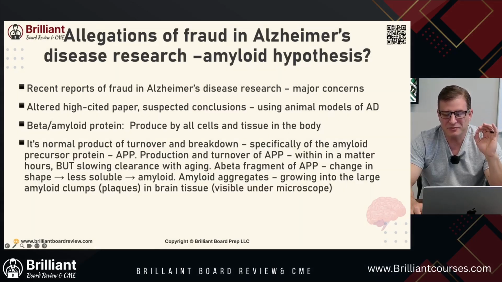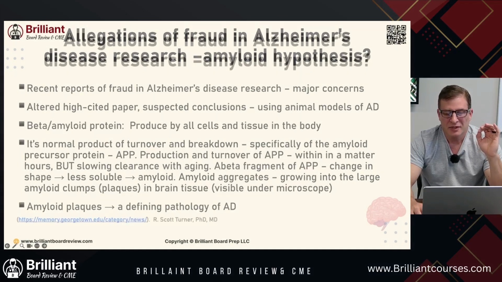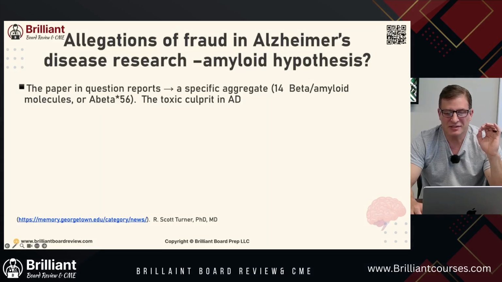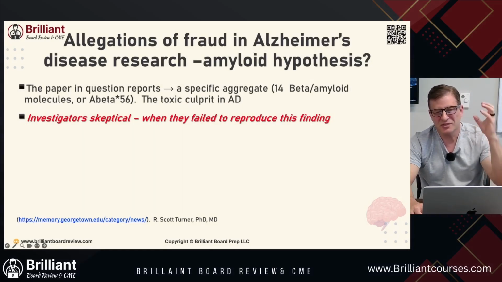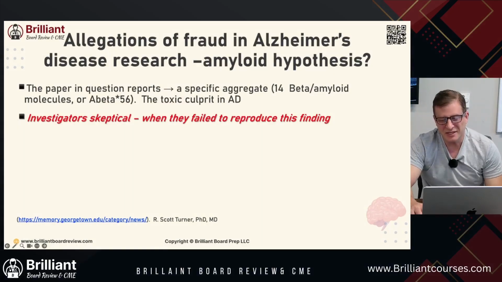The paper in question reports a specific aggregation, the 56 beta amyloid molecules, as the toxic culprit in Alzheimer's disease. But investigators were skeptical when they failed to reproduce this finding. So this paper that everybody has been citing, they've failed to reproduce this finding.